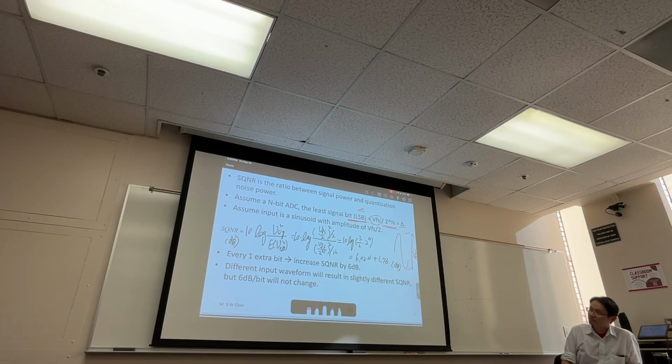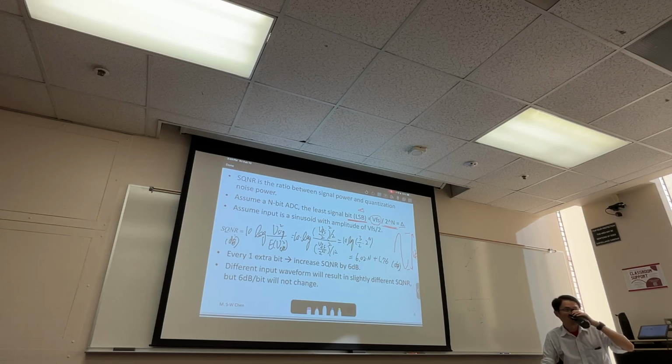How would it be possible to get a 3 dB improvement in SQNR? How can you just add half a bit? How do you add half a bit? If you talk about the ADC, even though it's 2 to the power of n quantization levels, when you actually design it, who said that you have to only follow powers of 2?